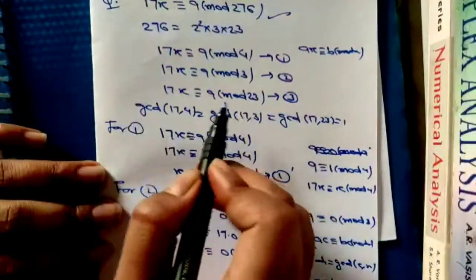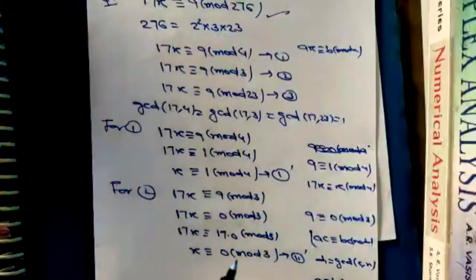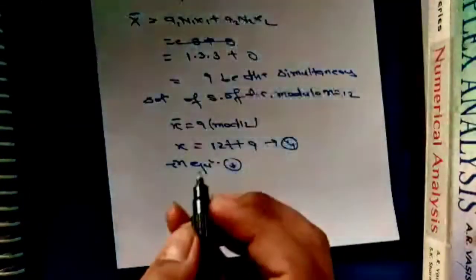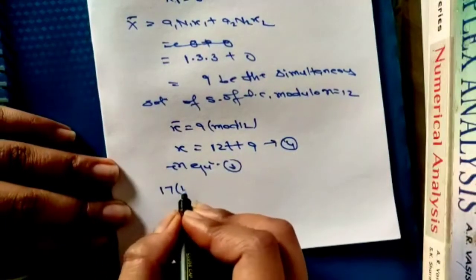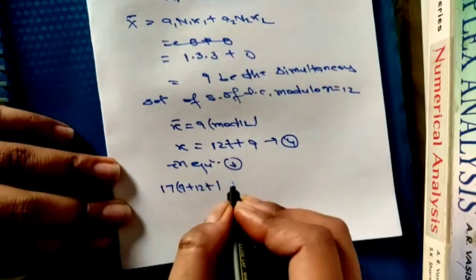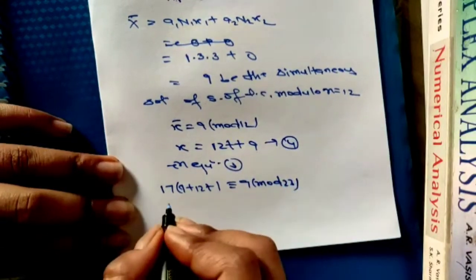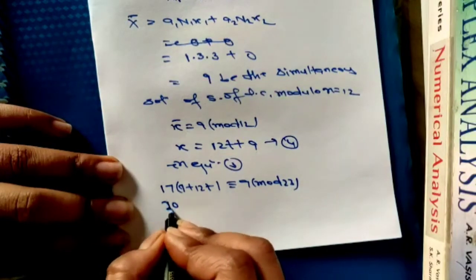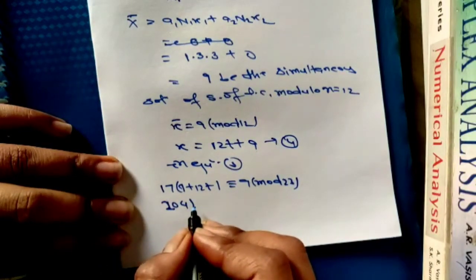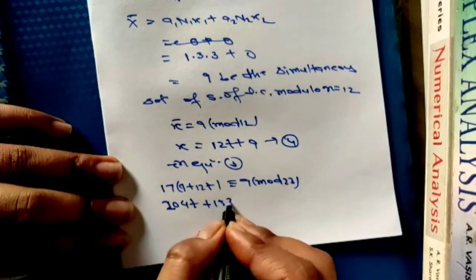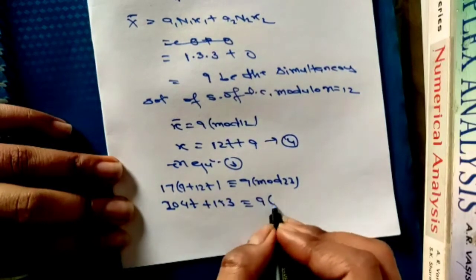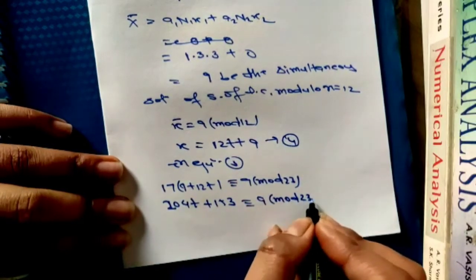In this linear congruence, we are going to put the value of x, that is 9 plus 12t. We get 17 times (9 plus 12t) congruent 9 modulo 23, that is 204t plus 153 congruent 9 modulo 23.